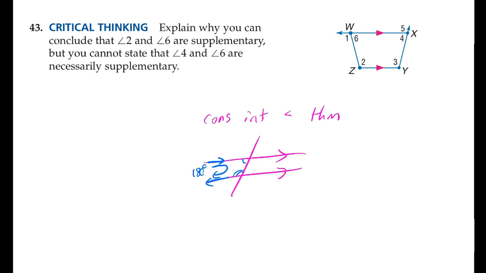You only know that when you're going between two parallel lines, right? So when you're going between this line and this line on the same transversal, then yes, angle 3 plus angle 4 are supplementary. However, you do not know that these two lines are parallel, so you do not know that along this transversal 3 and 2 have any relationship.